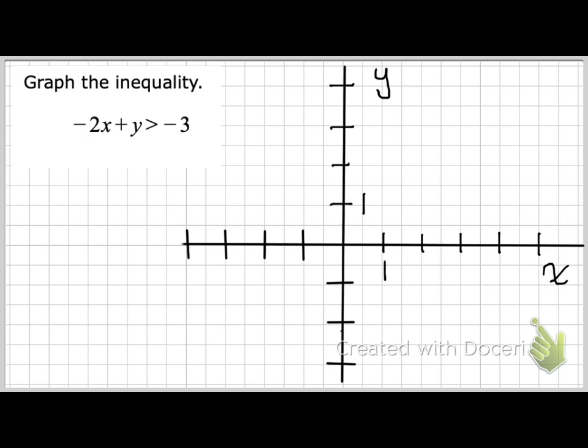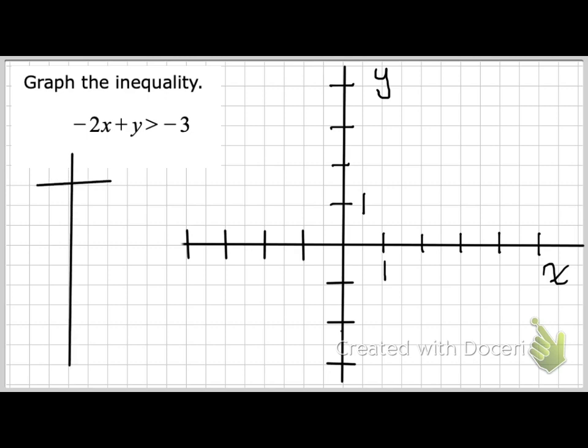So here I've got an inequality, and what I always like to do, if possible, as my most direct approach, is to find the x and y intercepts of the inequality.